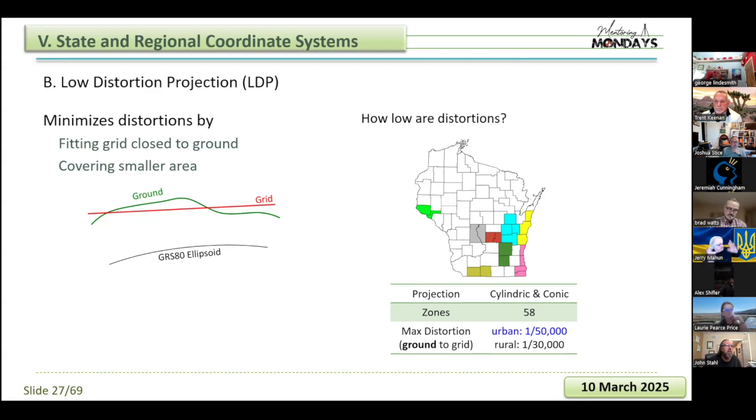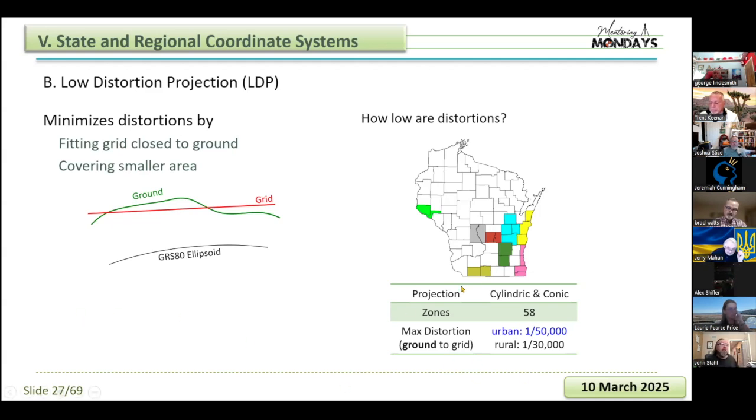And because of the sizes of the coordinate systems and the way they designed them, they met that. It was routinely 1 in 100,000 difference, ground to grid. So essentially, ground and grid are the same thing. That's the nice thing about low distortion grid systems.